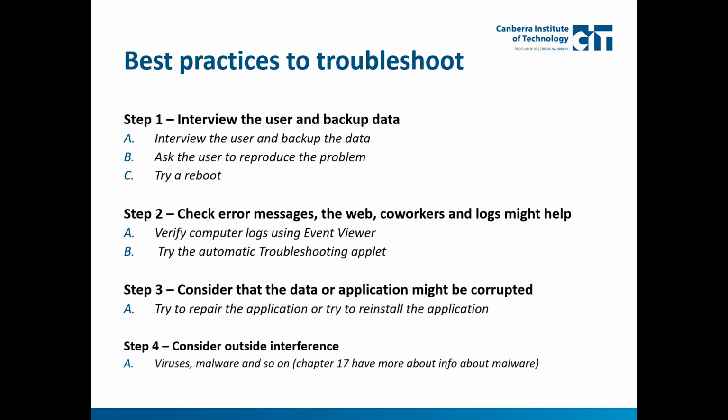Next step, step number 3, if everything that you have done so far, you haven't recognized your system error or application error. So the third step is we need to consider the data or application might be corrupted. So sometimes you have installed an application, you have installed a program, and the file that you have actually downloaded, the installation file might be corrupted.